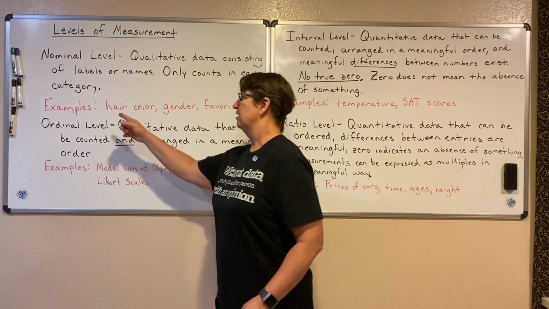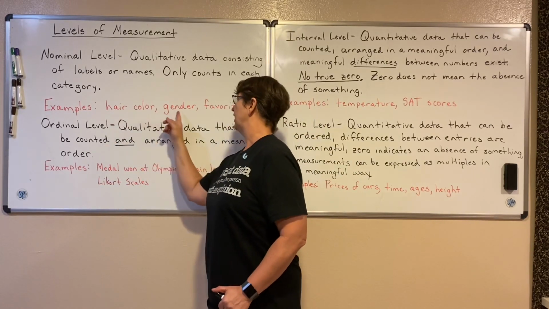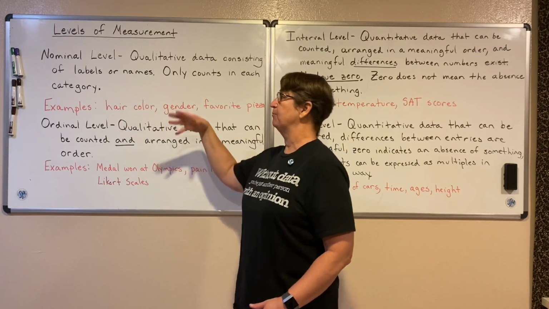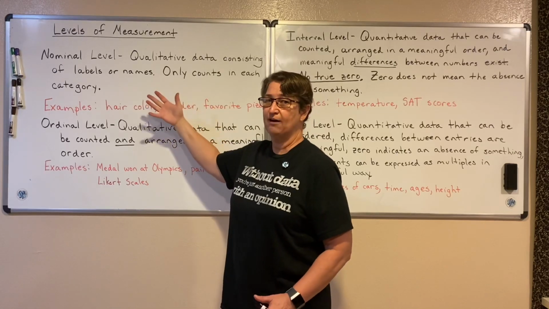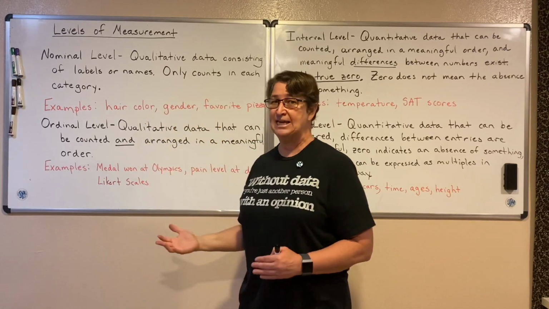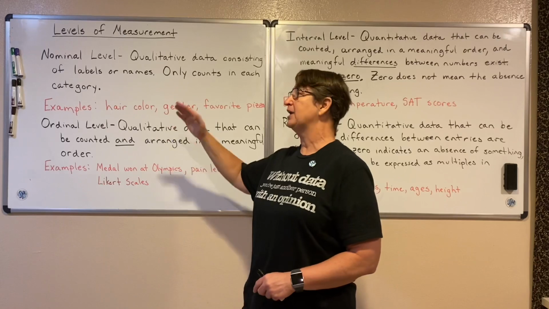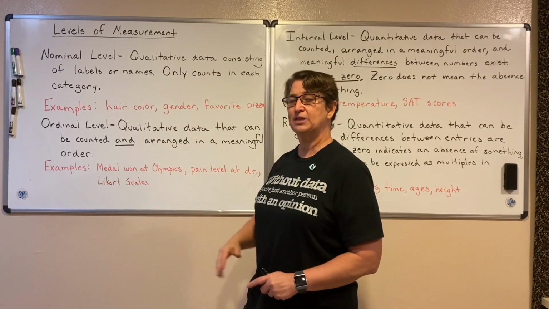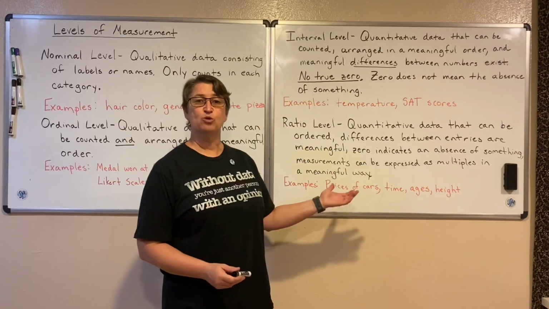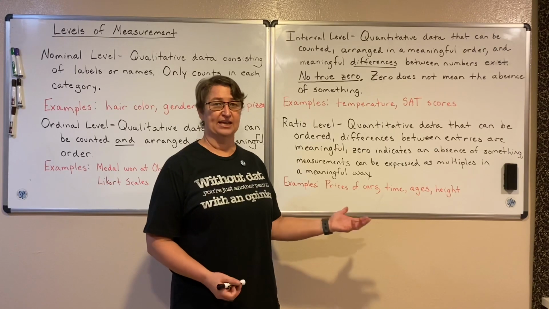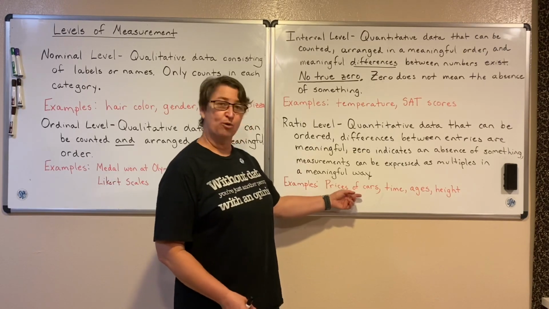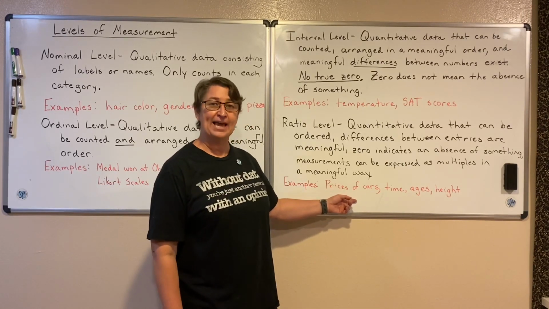So hair color and gender and favorite pizza toppings, those at the nominal level, I can't find a mean for those things. Being able to tell the level of measurement helps me to determine which type of statistic I can actually find. But with prices of cars, I can find the mean.